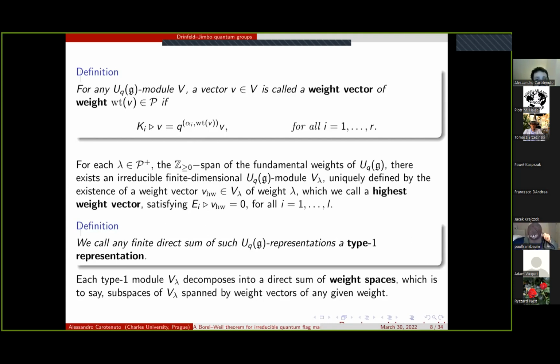So these are the objects, the representations. This is an important part of the representation theory of U_q(g). And these are the objects that we're going to realize as geometric objects when we give the non-commutative generalization of Borel-Weil.